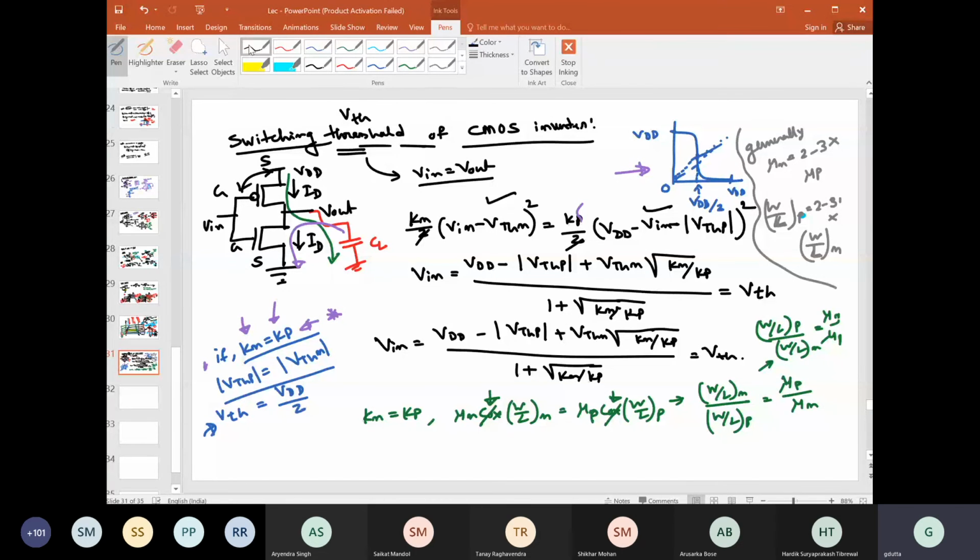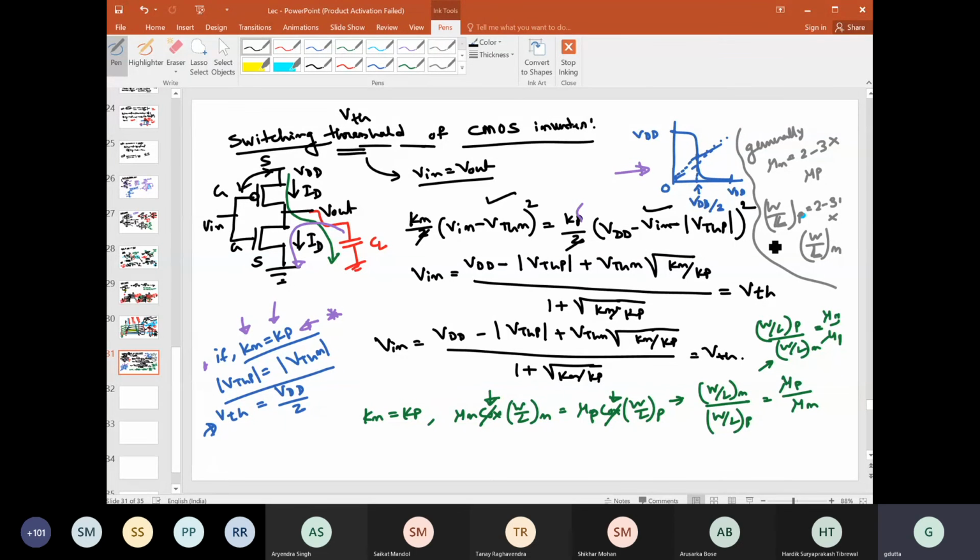Okay, so one more thing. This is the VTC of this CMOS inverter. So tell me now, suppose the W by L ratios for this PMOS as well as this NMOS are in your hand, right?